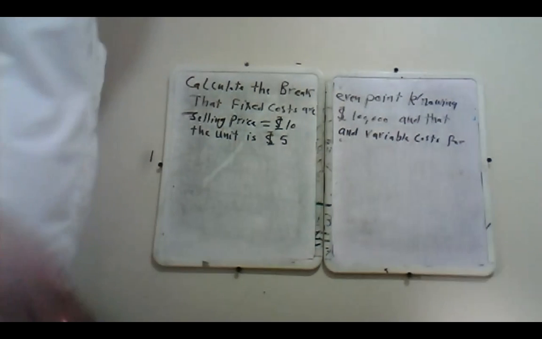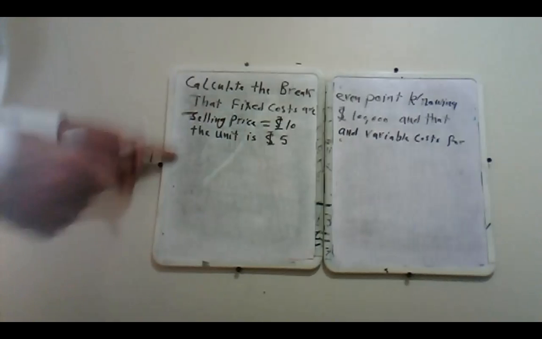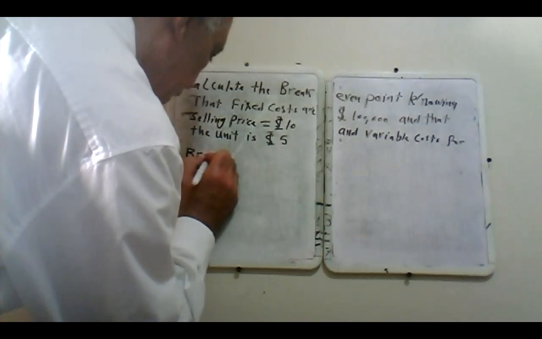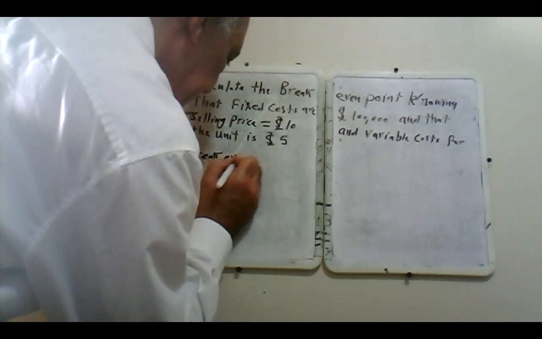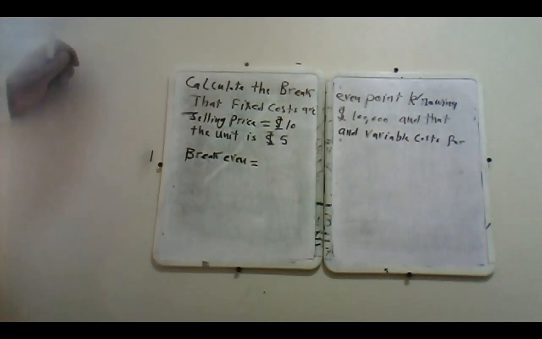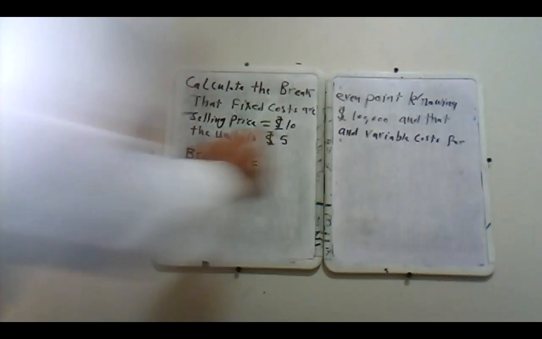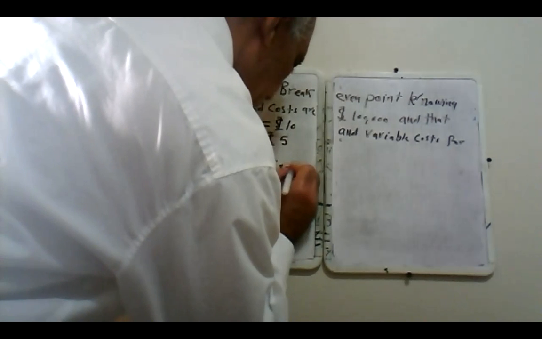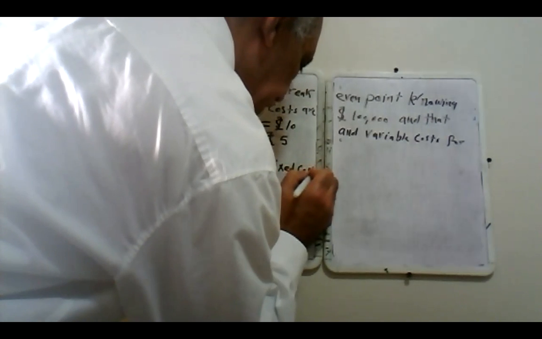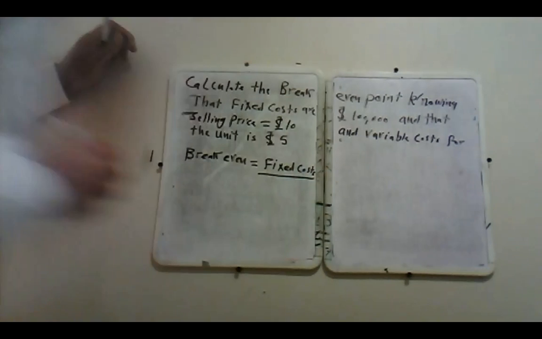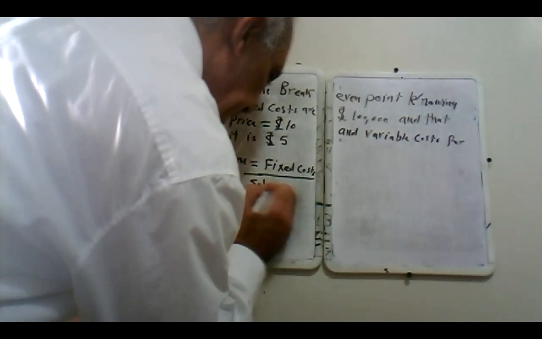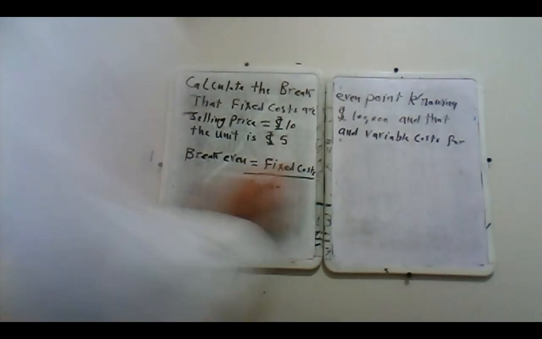So first, we would say the break-even point, where there is no gain, no loss, will equal this formula: the total fixed costs divided by the selling price minus the variable cost.